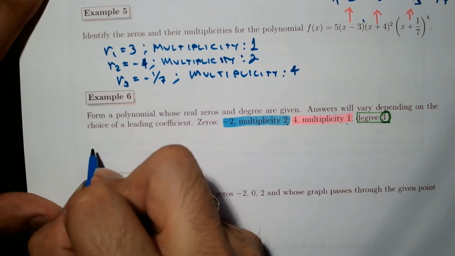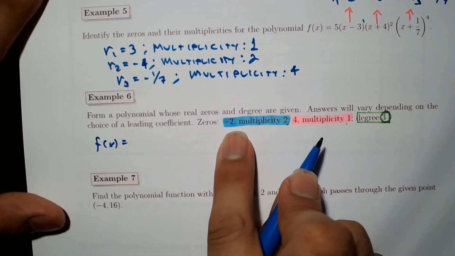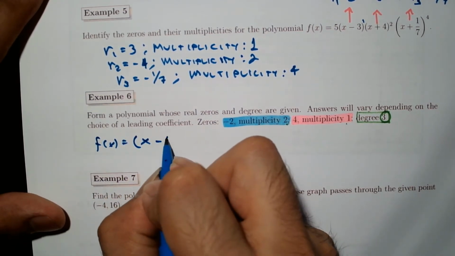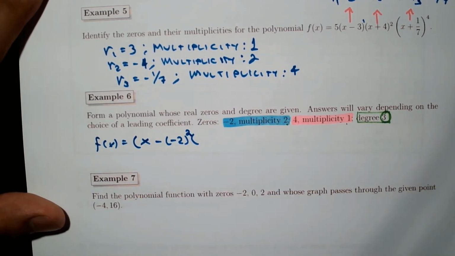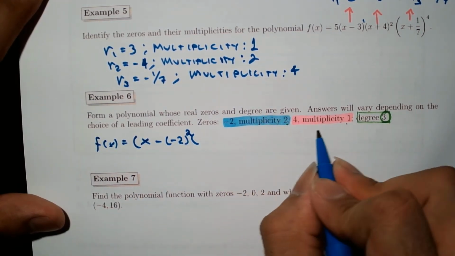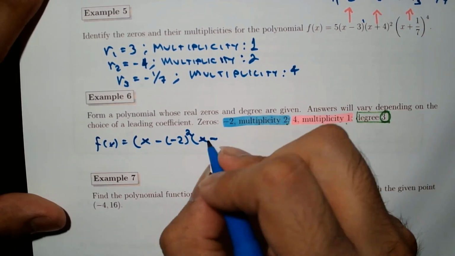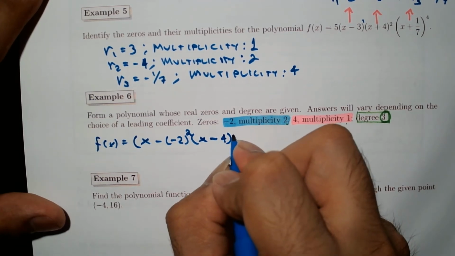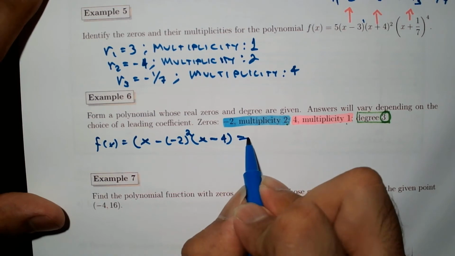So for example, f of x, the zero is negative 2, then the factor is x minus negative 2 of multiplicity 2, and then 4 is the zero, that is x minus 4, and in this case to the first power we don't need to write that 1. Let me simplify this.